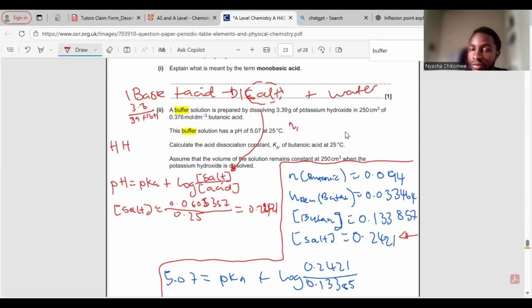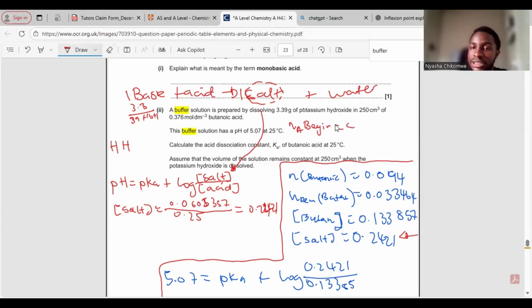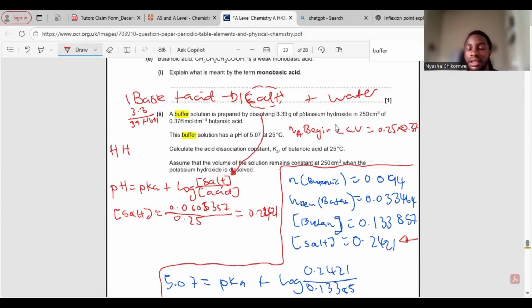So the number of moles of the acid in the beginning is equal to CV, which is 0.25, that's the volume, times the concentration, 0.376. When you calculate that, you find that the number of moles of butanoic acid in the beginning was 0.094 moles.